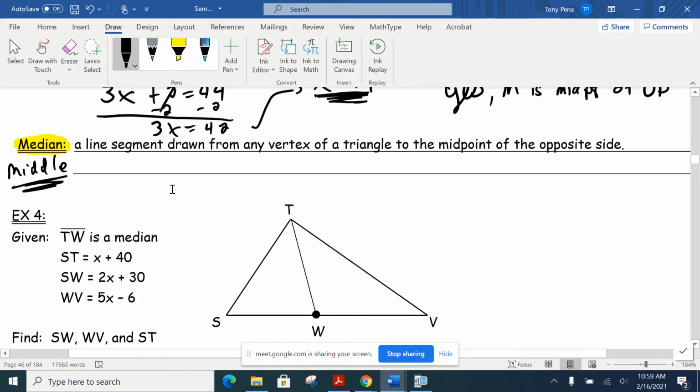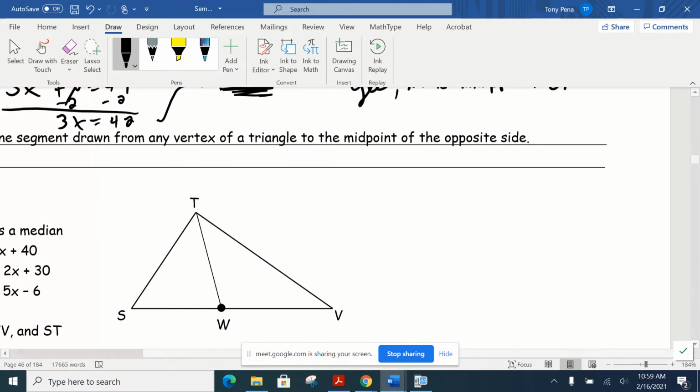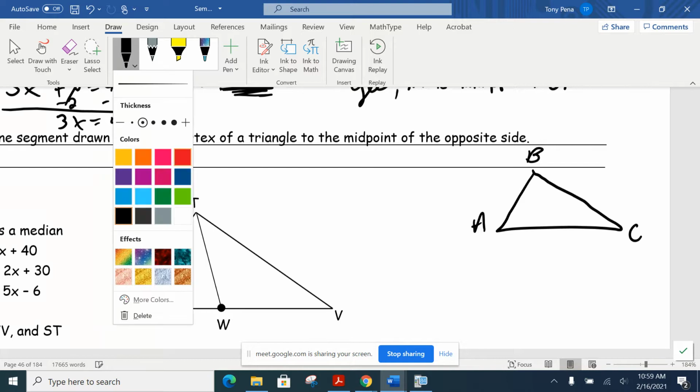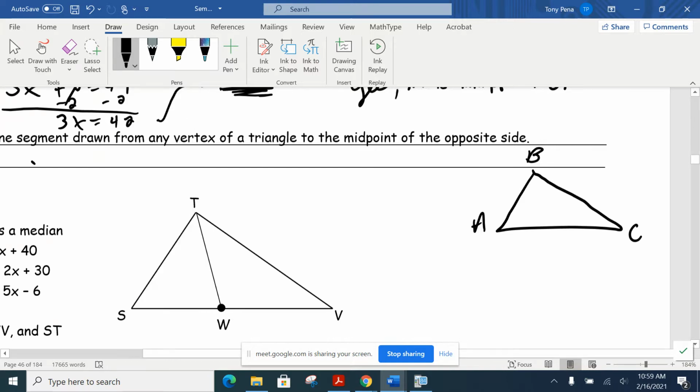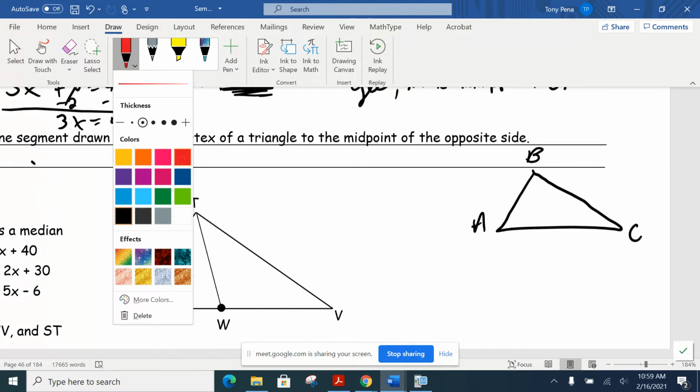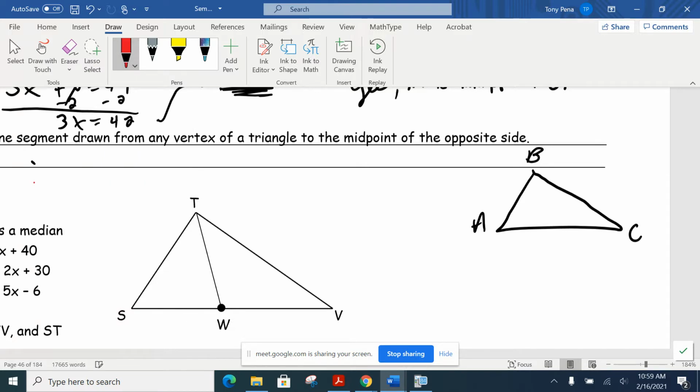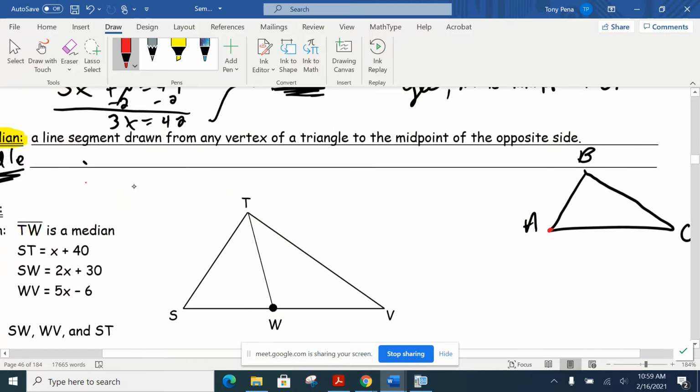So what I want you to do off to the side here where you have a little space, draw in your own triangle and then label our three vertices, A, B, C. Then go to A first. A median is a line segment drawn from any vertex of a triangle.